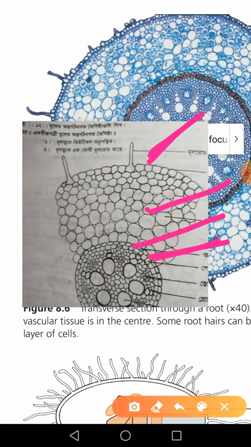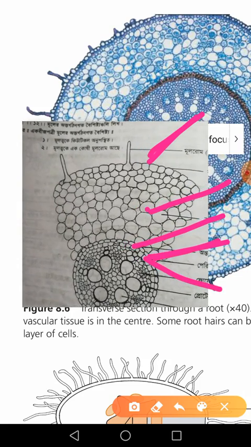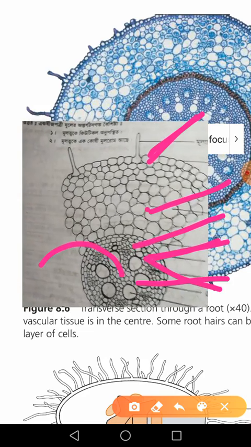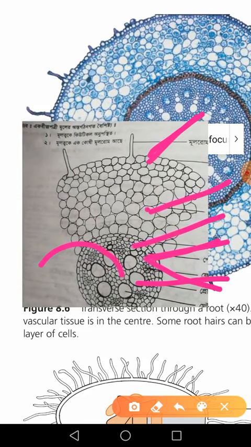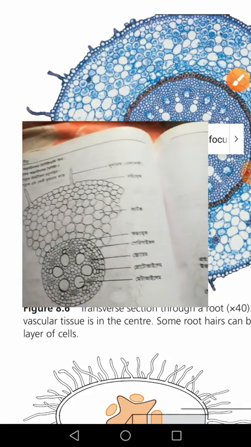This is called the pericycle. Then we have phloem near to the outside, then we have xylem, and the innermost is called the pith. So we have pericycle in the root, but we don't have a pericycle in the stem.